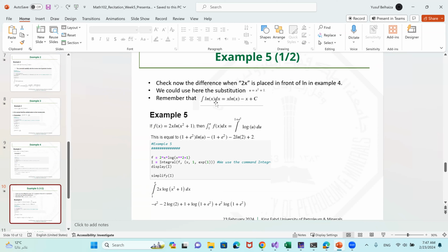And remember here that the antiderivative of ln of x is x ln of x minus x plus c.